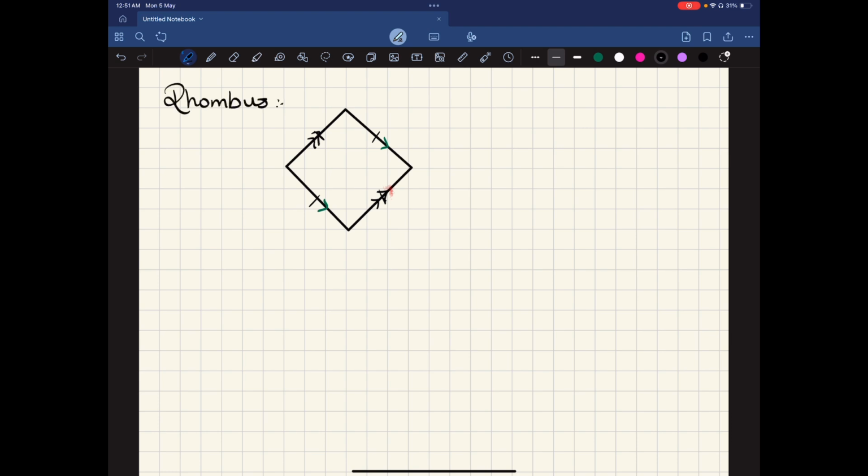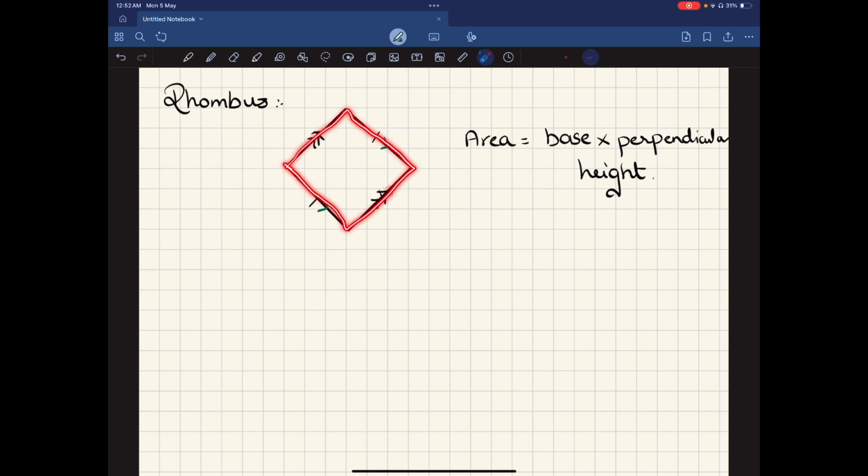And because it is a special kind of parallelogram, the formula to calculate the area is going to be the same. Base into perpendicular height. Okay? And the perimeter is obviously going to be the sum of all sides. Since the lengths are equal, it's going to be 4L, just like in case of a square.